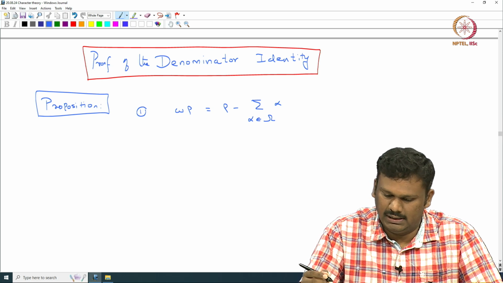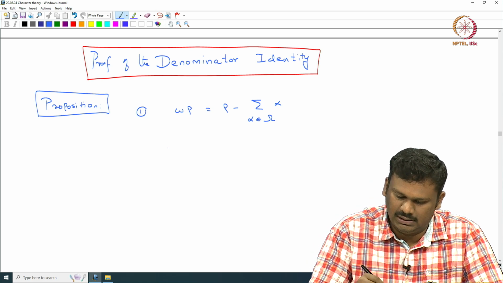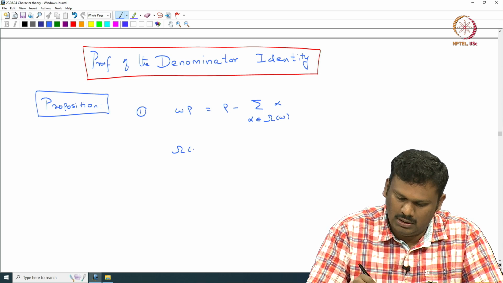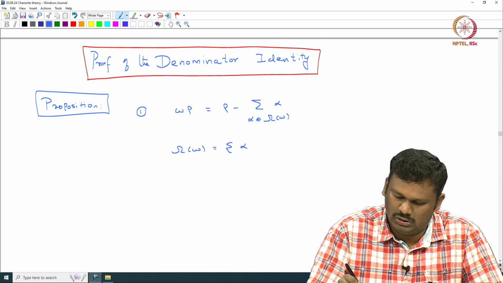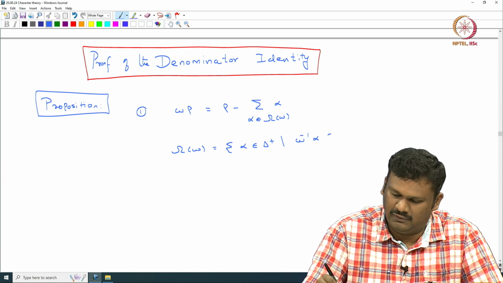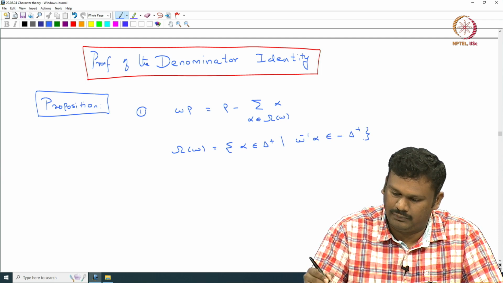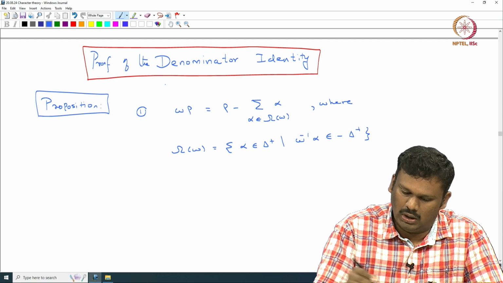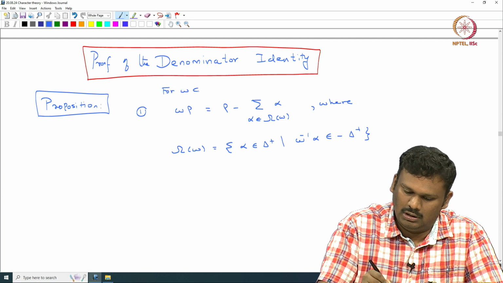This omega is indeed very explicit. Let us call it omega of W. So, omega of W is those positive roots alpha such that W inverse alpha is a negative root. And this is true for all W in W.